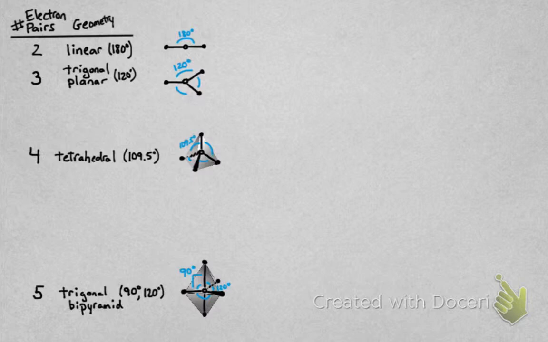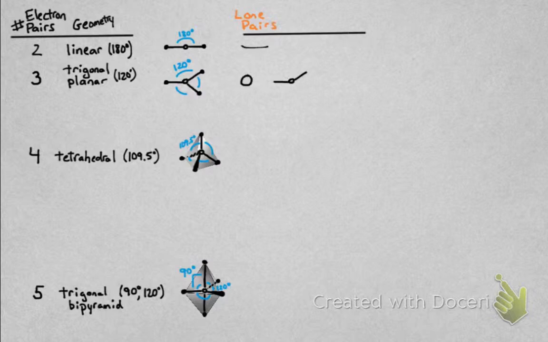Now again, as I mentioned, these lines that I've drawn can represent single bonds, double bonds, or lone pairs. And what we'd like to look at is how the lone pairs actually affect the final shape of the molecule. So we're going to start with the trigonal planar example.